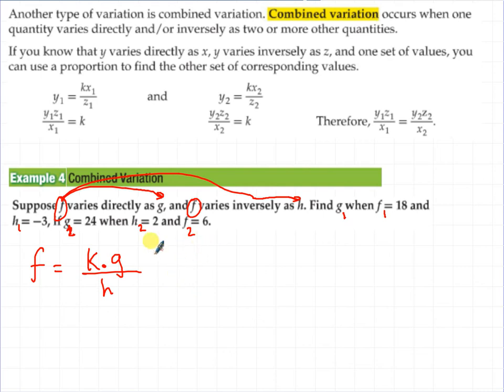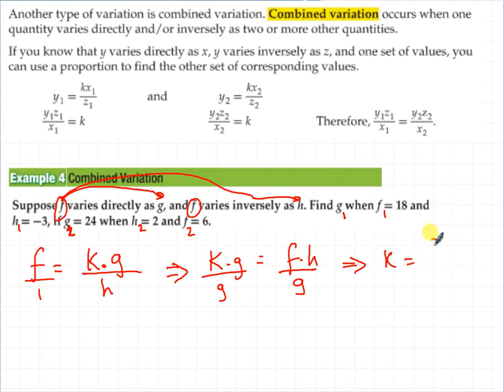You find k from this equation. If I cross multiply, I would have k times g equal f times h. So divide by g. So k is equal to f times h over g. So the two proportions should be like this: f1 times h1 over g1 equal f2 times h2 over g2.